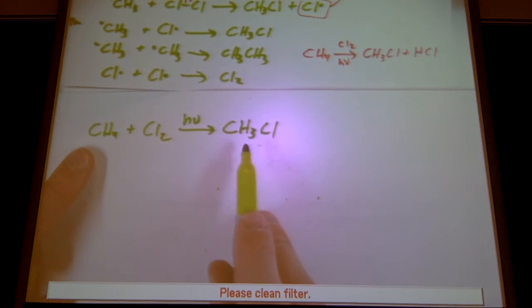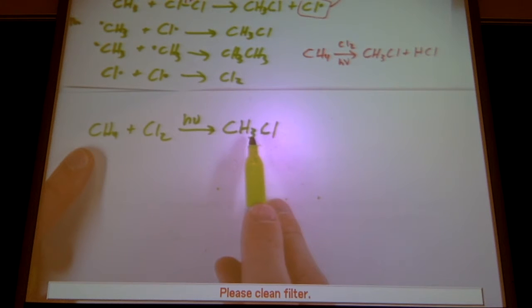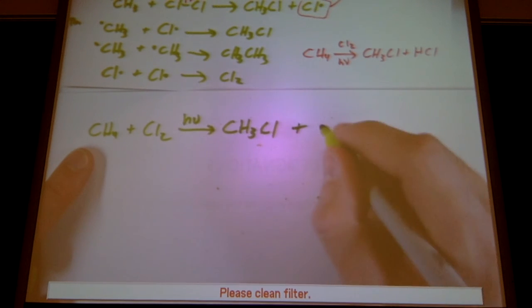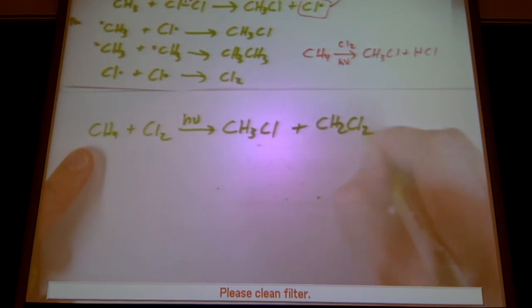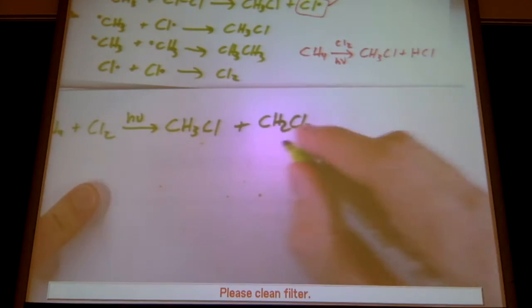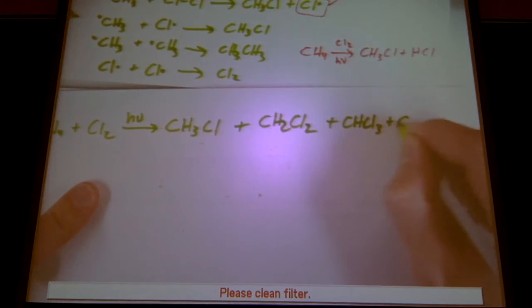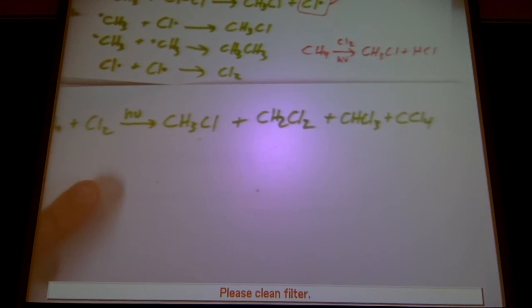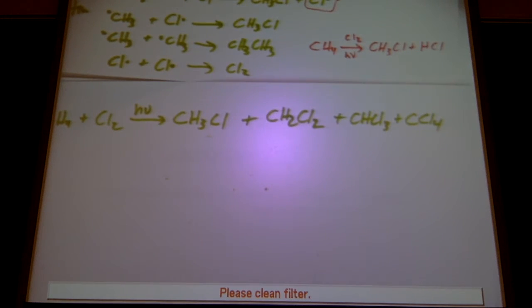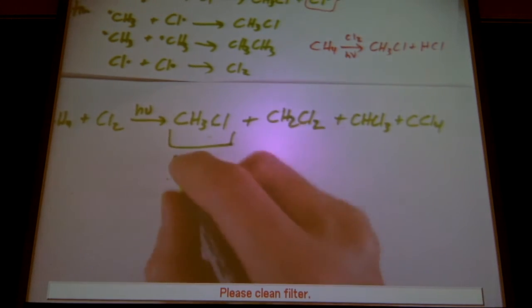So as you start building up the concentration of this, it could take off one of these hydrogens, but it could also take off one of these hydrogens. So if it took off one of those hydrogens, it becomes CH2Cl2. Then as you build up the concentration of this, you can do the same thing, make some chloroform, until it was all halogenated. And so when we work these problems, we're going to limit our discussion to the monochlorinated products.